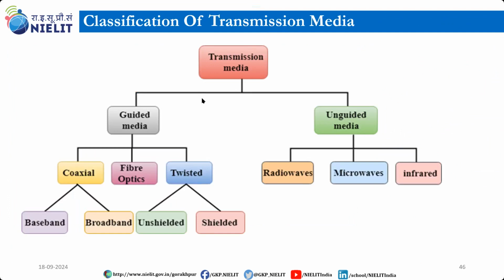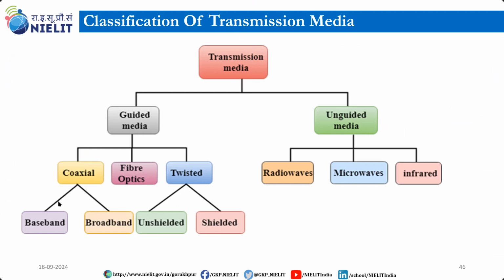So there can be different types of transmission media, guided and unguided. In guided, there can be different types of cable: coaxial cable, fiber optic cable, twisted cable. Under twisted cable, with respect to LAN technology, we can have unshielded and shielded twisted pair cable. Under fiber optic, there can be two types of fiber: multi-mode fiber and single mode fiber.